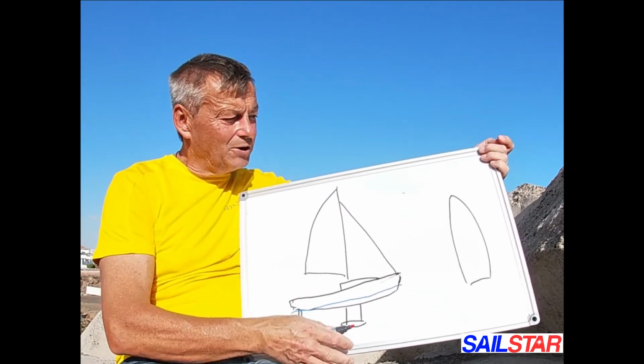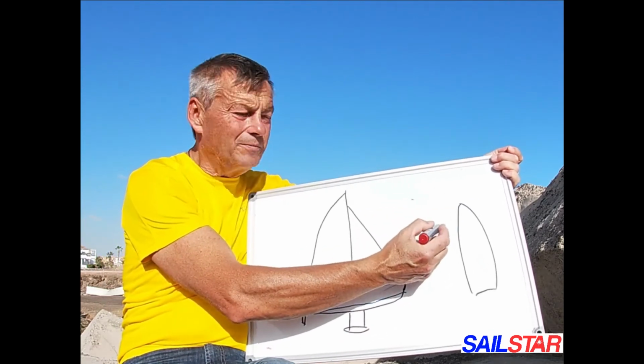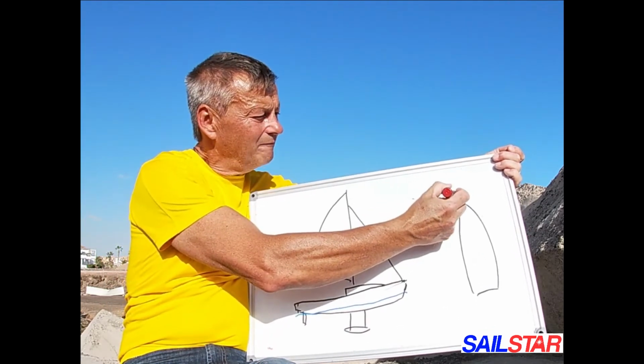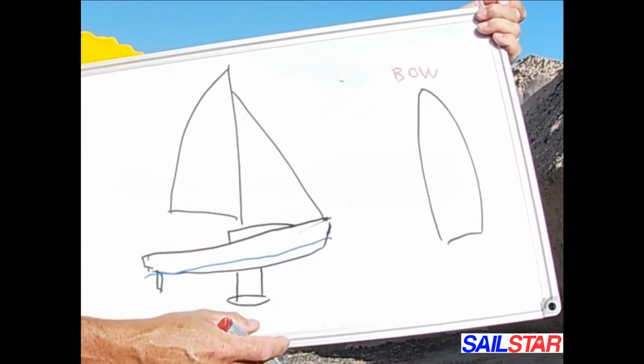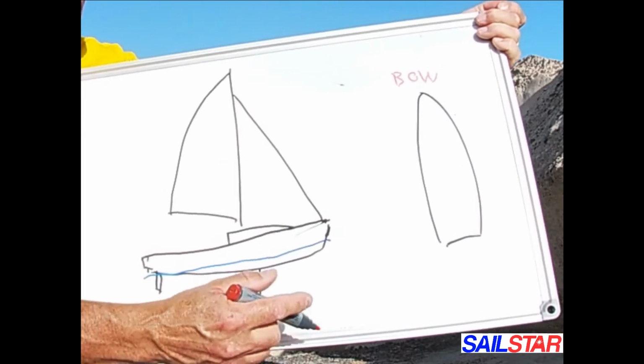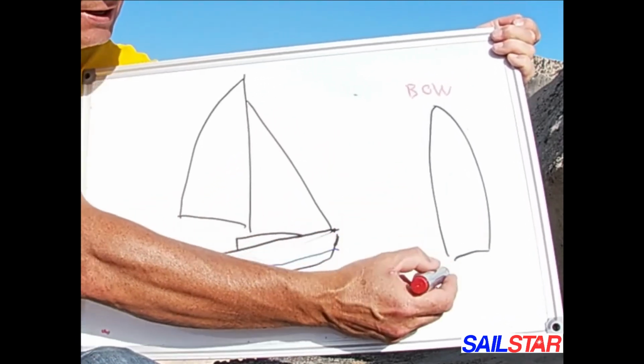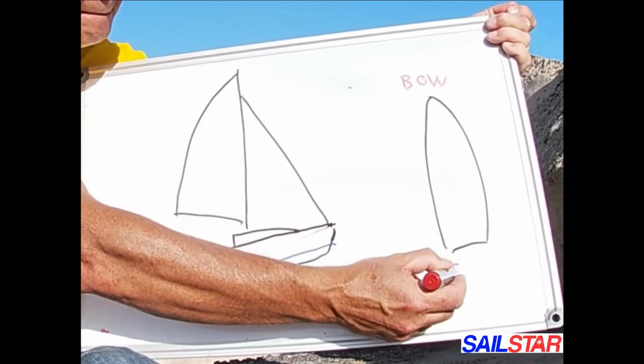So to start with, the front part of the boat is called bow. And the back part of the boat is called stern.